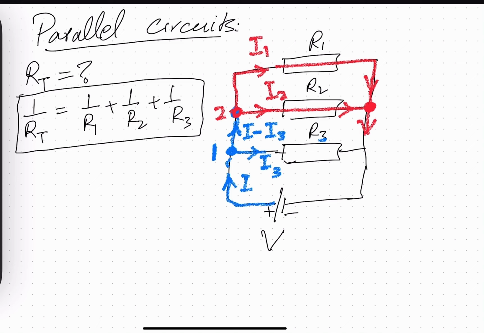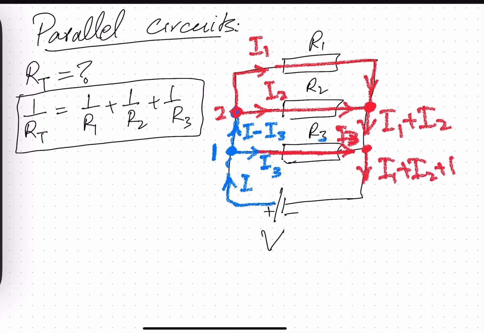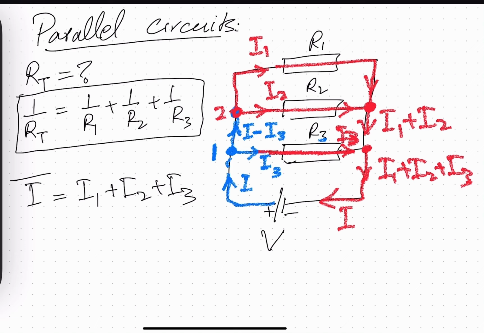There we will have a current I1 plus I2, and I3 is coming from this point. So at this point I1 plus I2 plus I3 all combine, and their sum is equal to I, and they reach the battery again. So we can say that the total current I is the sum of all the currents I1 plus I2 plus I3, because that was distributed in the circuit.